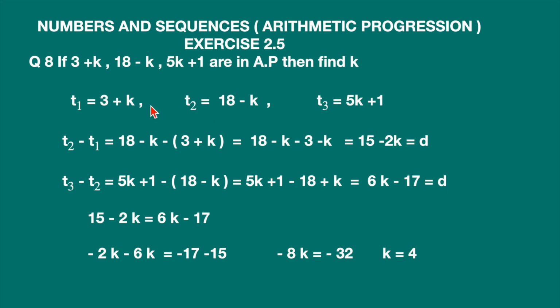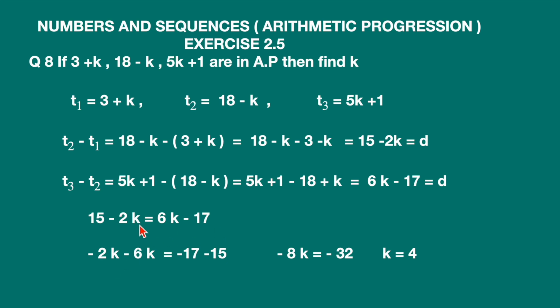T2 minus T1 is equal to T3 minus T2, which is the common difference in an arithmetic progression because they are in arithmetic progression. Okay, so I'm going to write 15 minus 2k is equal to 6k minus 17.